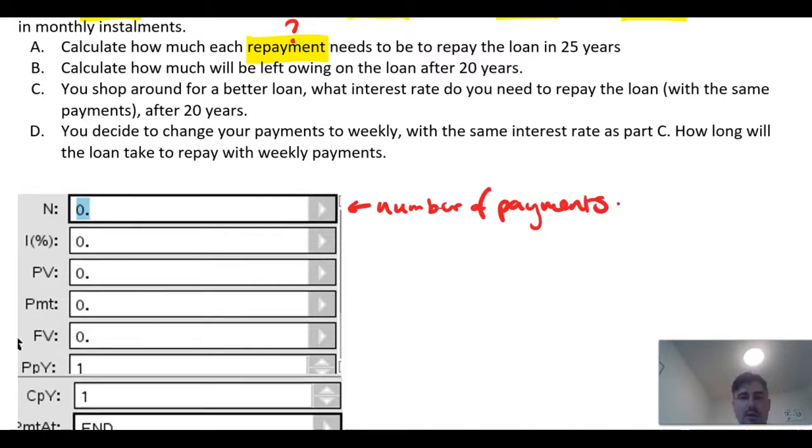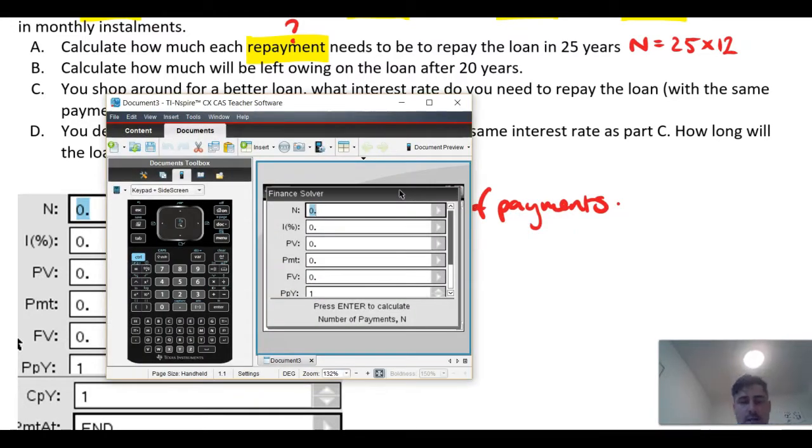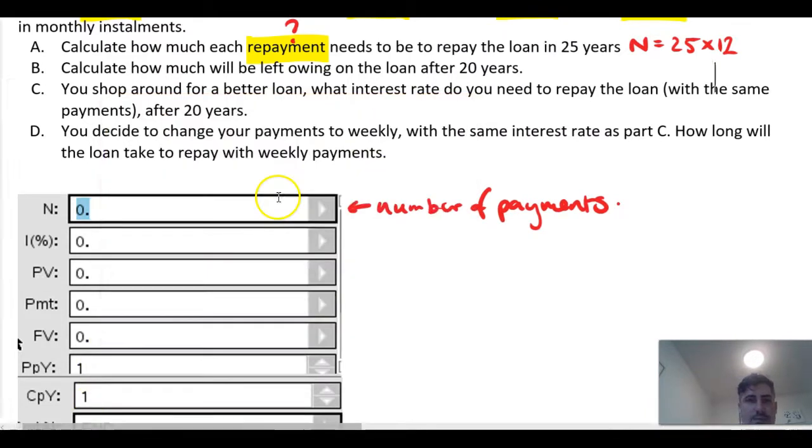So if you're doing it monthly for 25 years, N is going to be equal to 25 times 12. Okay, and you can type that straight into the box. That's what we're going to do here. We're going to write 25 times 12. Write 12 on here as well, because that's how many payments.